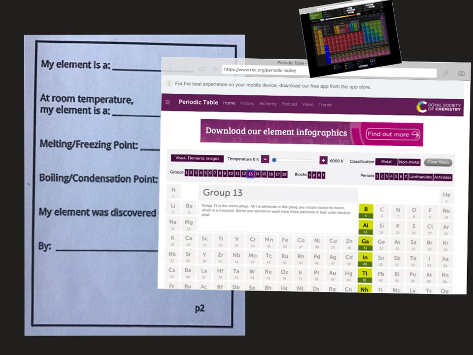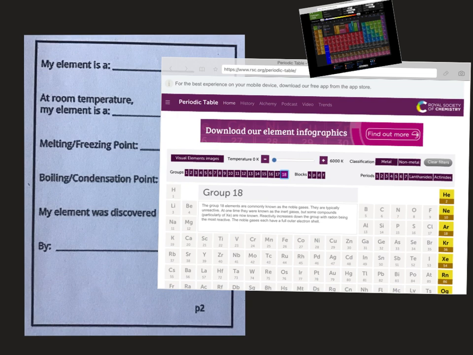Group 13 is the boron group, so that's what you would write: my element is in the boron group. And for 14, you would write my element is a part of the carbon group, and so on, all the way over to 18, where my element is a noble gas.